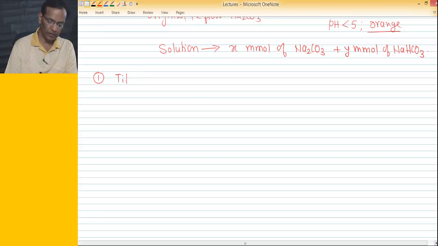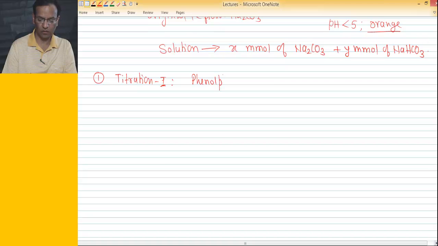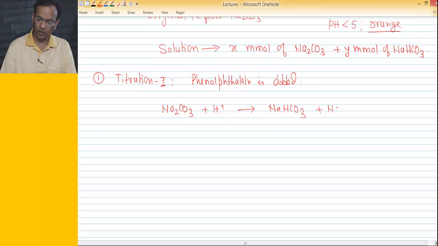So titration 1, let us call it titration 1. Phenolphthalein is added. Now what will happen? Na2CO3 will be neutralized to NaHCO3 and Na plus.